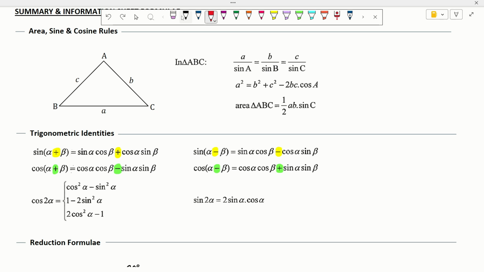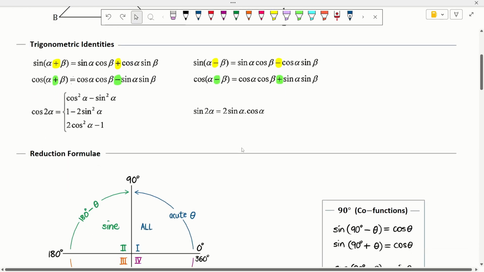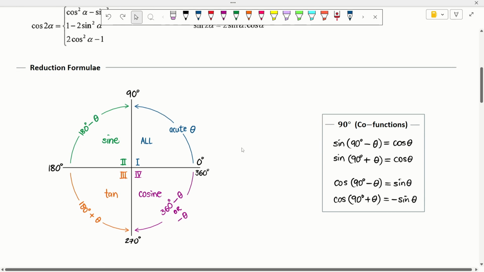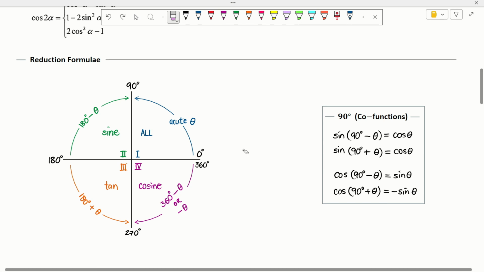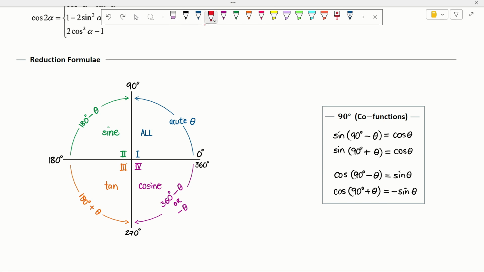Okay, then moving on, before we actually do questions, we have the reduction formula. We'll revisit this as we do the questions for everyone to actually see how this is applied. But what we basically have is a CAST diagram which says between 0 degrees and 90, you have all trig ratios positive. That is when the angle is smallest.